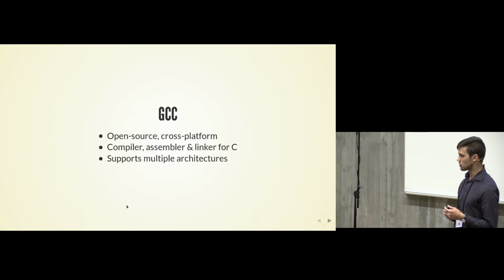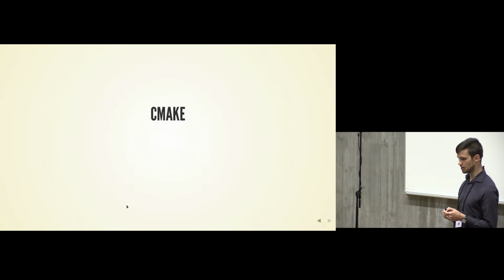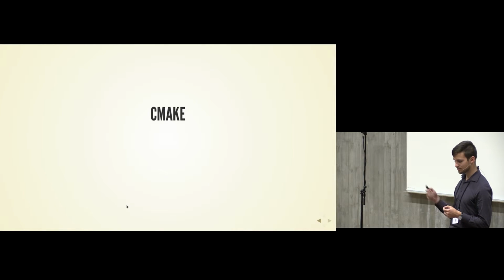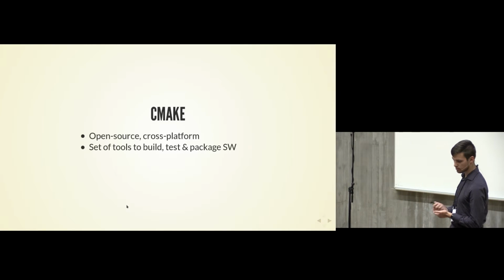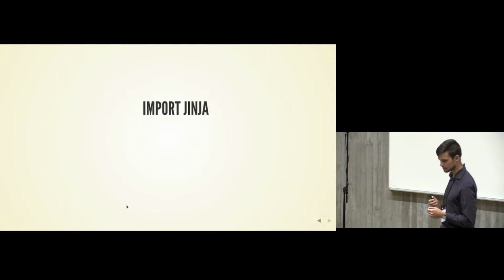And it also supports multiple architectures. Then there's CMake, which allows you to specify the build process. It's also open source, cross-platform. And the advantage of using CMake is that you can then include the entire project into, let's say, Eclipse or CodeBlocks or other graphical IDE.